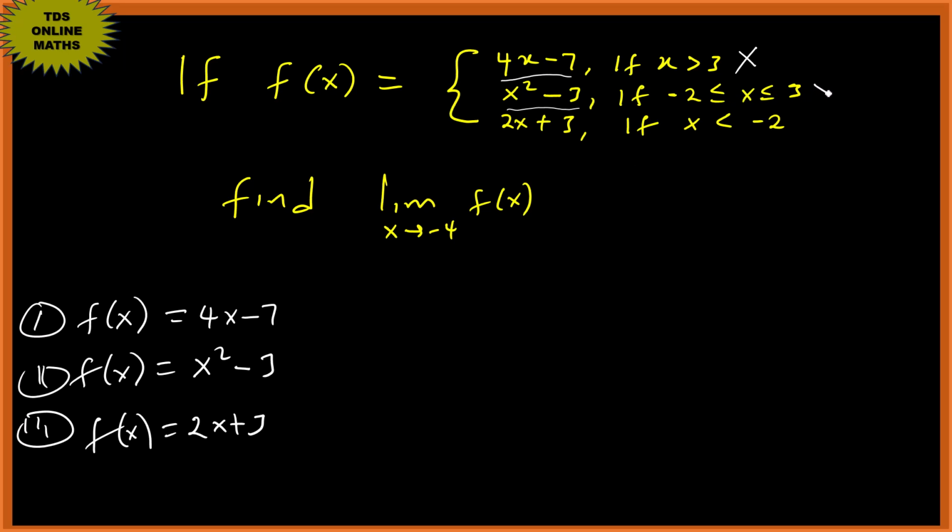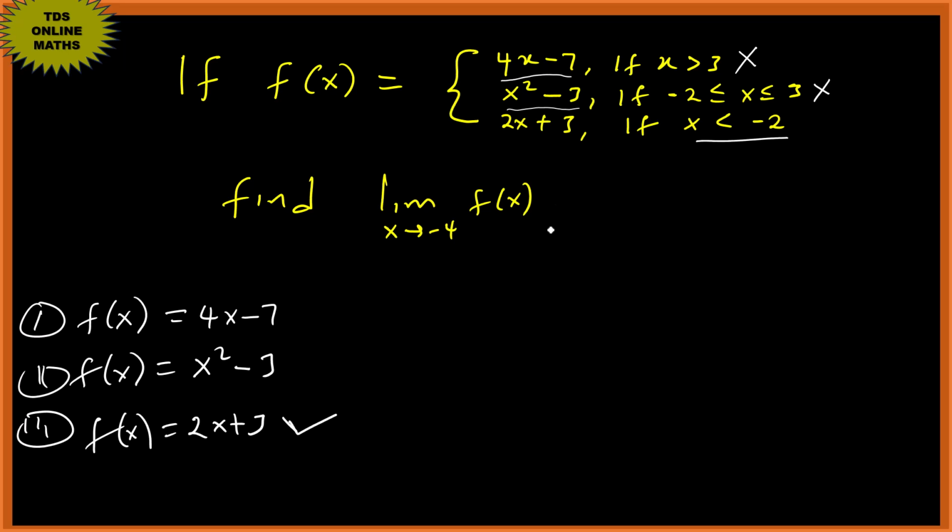So negative 4 is outside the range. But for this, x is less than minus 2. So we have minus 3, minus 4. So negative 4 is in this. Therefore, 2x plus 3, this one is the function.